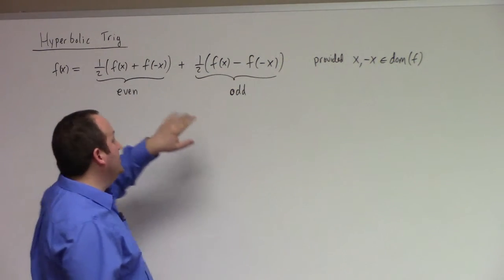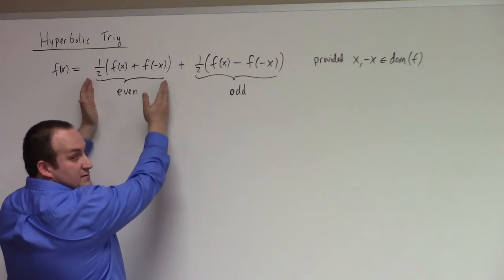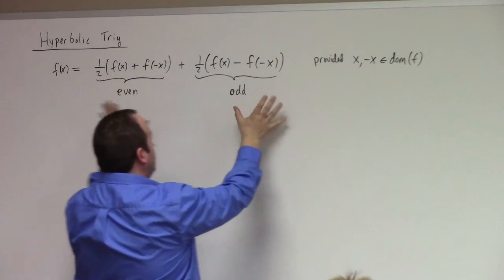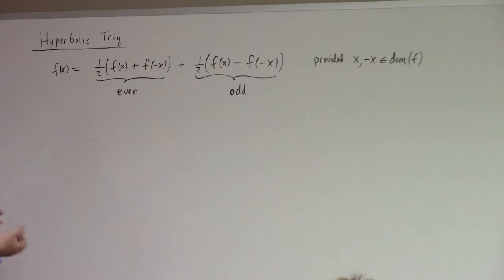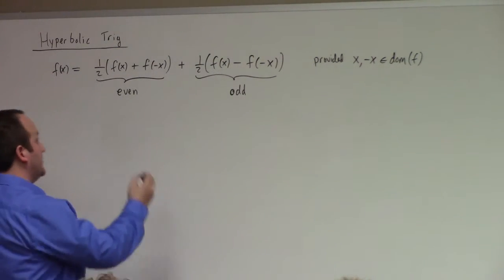All right, more than that, you can easily check that the first thing is an even function, and the second thing is an odd function. So what this little identity shows us is that any function with a domain symmetric about the origin can be written as a sum of an even and an odd function. When you apply this general idea to the exponential function, you get what are called hyperbolic sine and hyperbolic cosine.